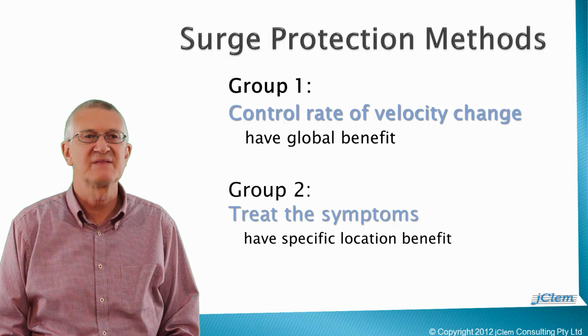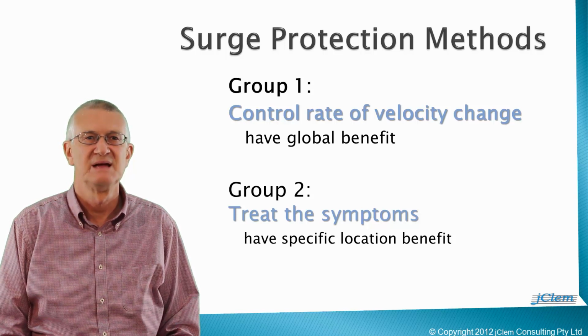The reason being that controlling the rate of velocity change, the cause of surge, tends to have benefits across the whole system. Treating only the high or low head symptoms tends to only be effective at specific points in the system. If the system configuration changes in the future, more treatments at different locations may be required.